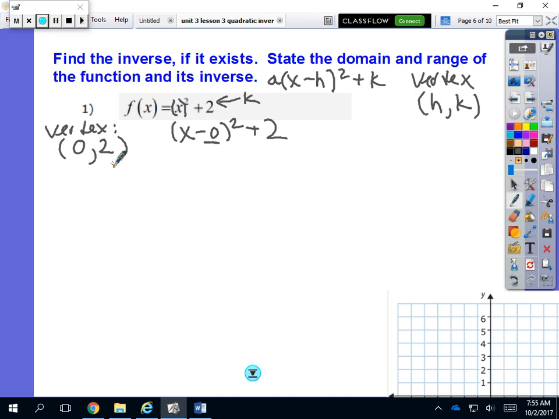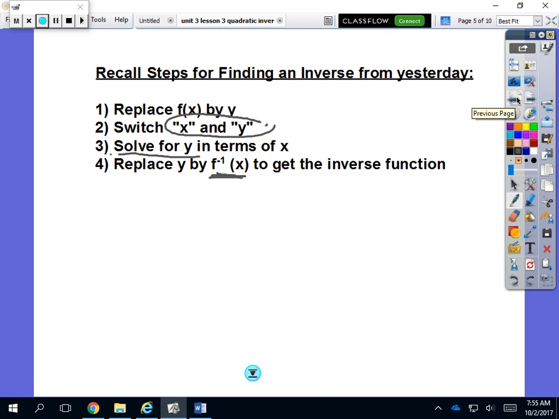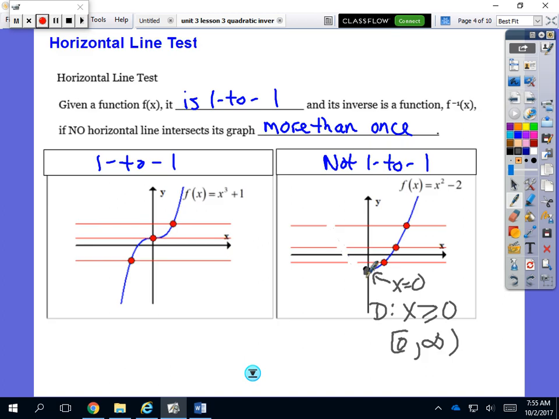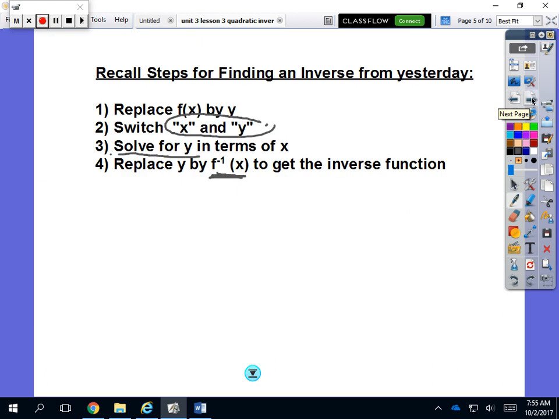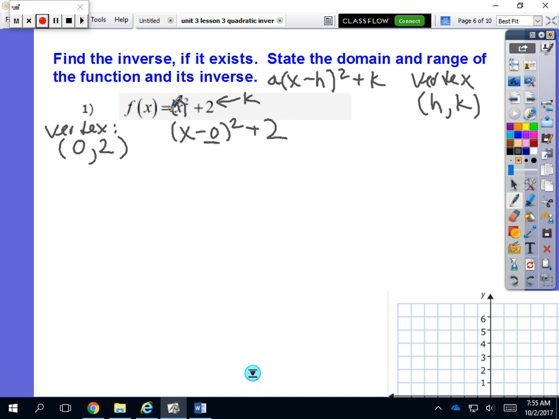Okay, so since I know the vertex, I can find the domain because the domain starts at the vertex. We eliminate everything to the left in a positive quadratic function. This is positive because the coefficient of my x squared is positive. So the domain for my function f of x would be x is greater than or equal to 0, because x is 0 at the vertex.